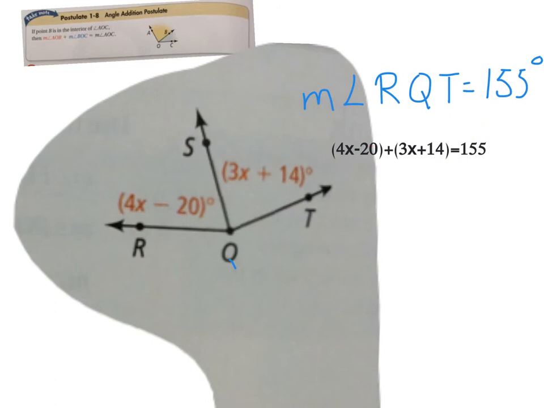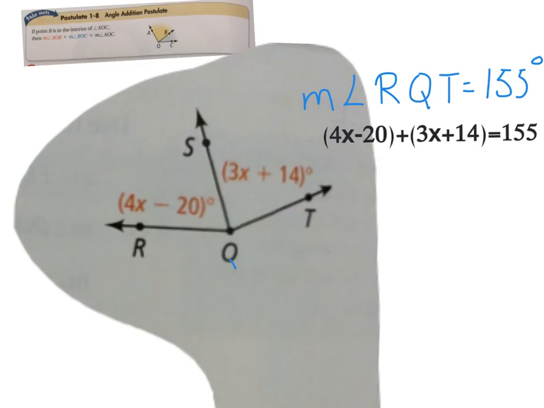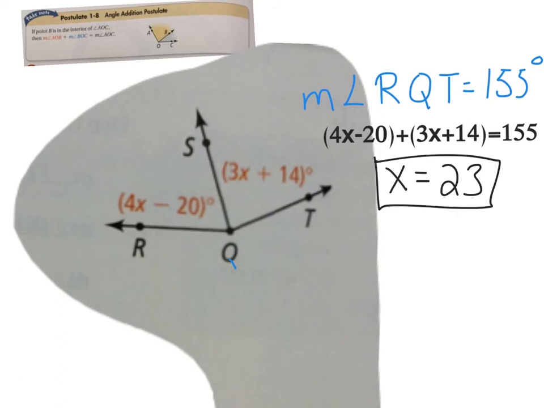And we can then solve that. Solving for x would lead us to x is equal to 23. Once we have the value of x, we can substitute x back into these expressions to find the individual angle measurements.